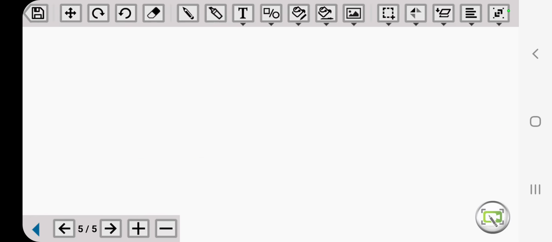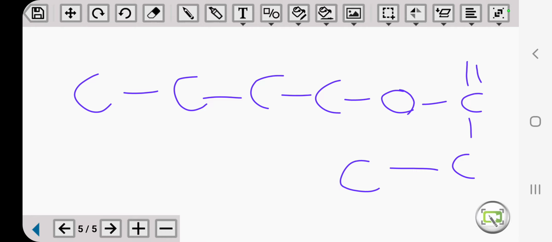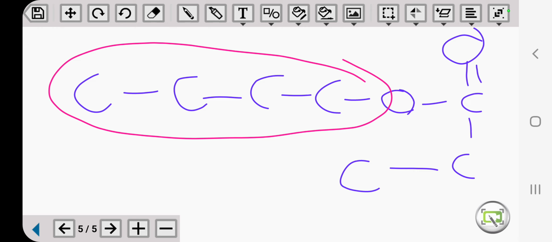Another one. Right, so the part that is connected to the single bond O is the part that we write down first in the ester's name, and that you write down as an alkyl group, and it comes from the alcohol.